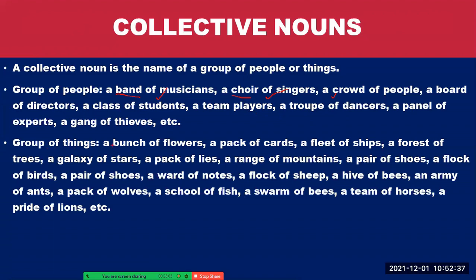Then let's look at groups of things: a bunch of flowers, a pack of cards, a fleet of ships, a forest of trees, a galaxy of stars, a pack of lies, a range of mountains, a pair of shoes, a flock of birds, a flock of sheep, a hive of bees, an army of ants, a pack of wolves, a school of fish, a swarm of bees, a team of horses, and a pride of lions.